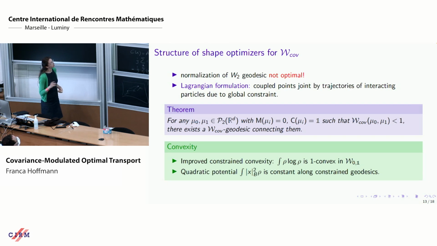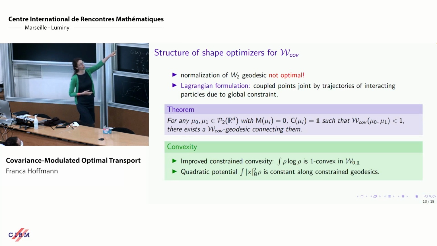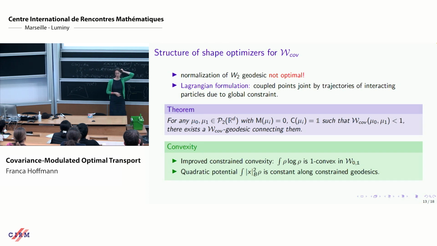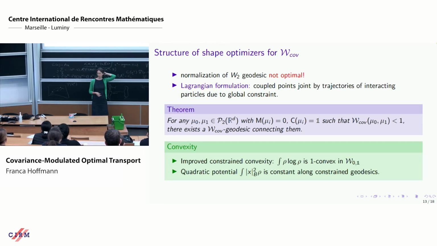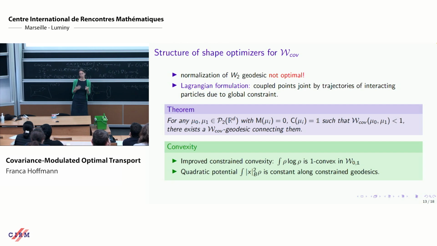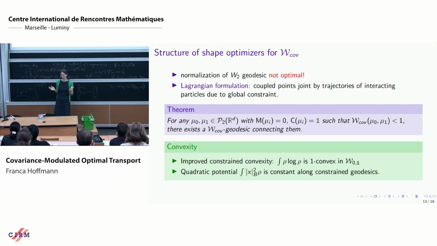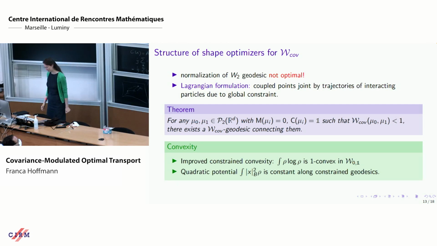The existence of optimizers for this shape part is essentially still open, but we were able to prove that optimizers exist if you have this condition that mu0 and mu1 are close enough. I think that's basically just an artifact of how we prove this. So I hope that it's actually true for any mu0 and mu1, but who knows? There could be some funny things happening that we haven't understood yet.